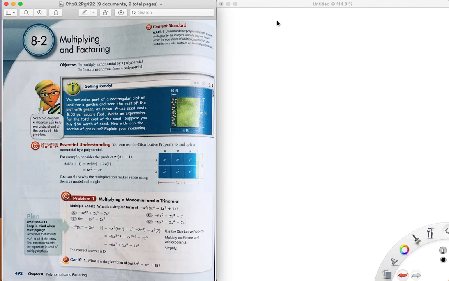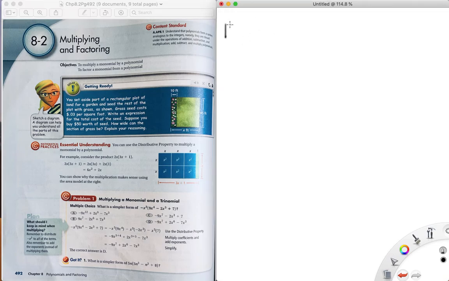So for Got It number 1, we have 5n times 3n cubed minus n squared plus 8. So everything inside of the parentheses is being multiplied by everything outside the parentheses.